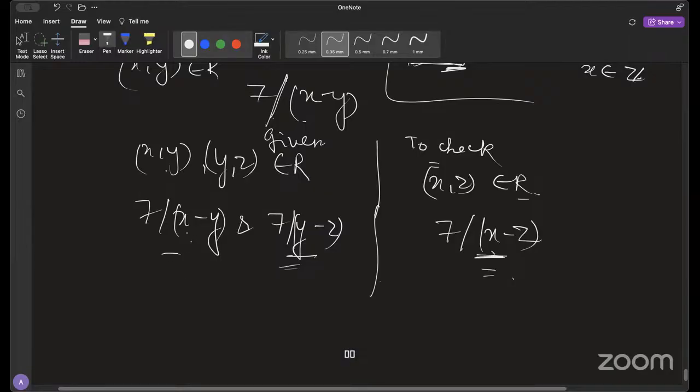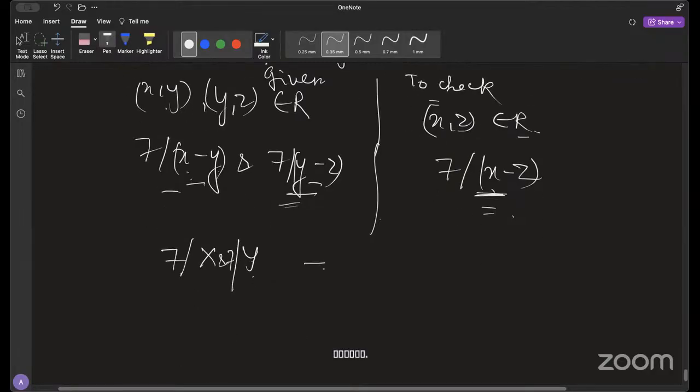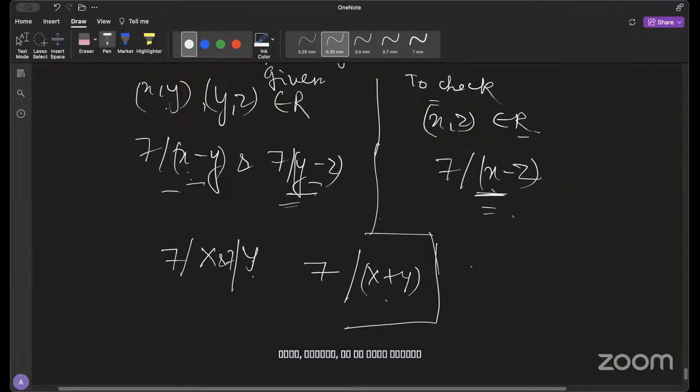So if 7 divides x minus y, what we were doing here is, let's forget these things for now. Let's consider any two numbers x and y, and let's say 7 divides x and 7 divides y. Then our claim was that 7 divides the sum of these two too. How? We can prove this, but I don't want you to go into the proofs because that's not needed.